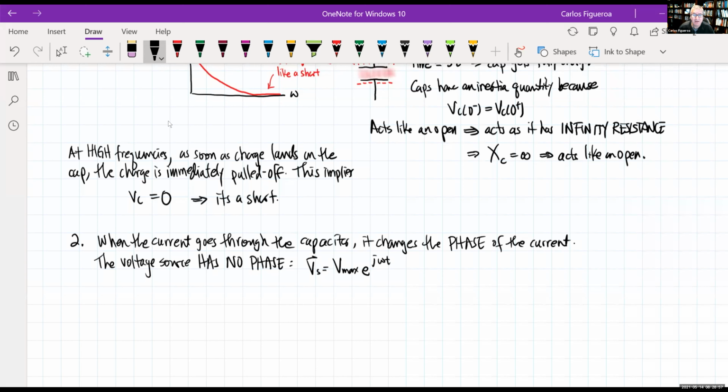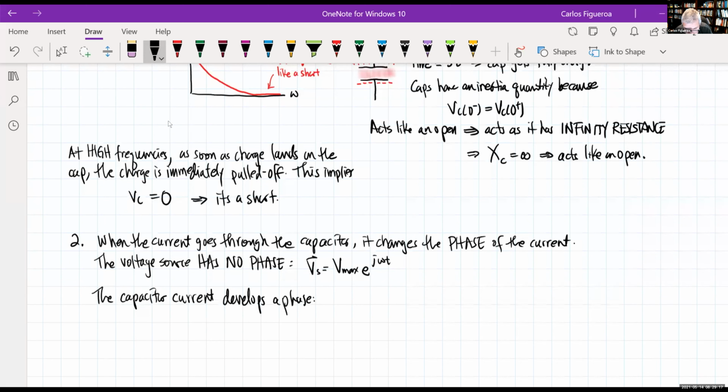So it has to be that way. But the capacitor current develops a phase.